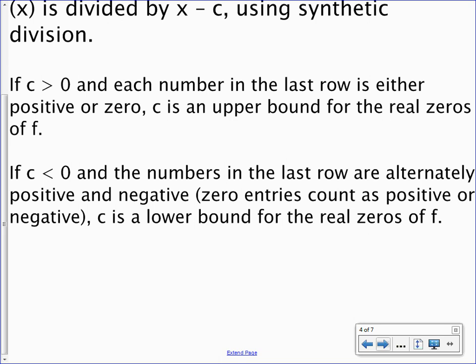Okay. Now a 0 you can use as a positive or negative. Okay, so if it follows the pattern, you can make 0 positive or negative to make that pattern.